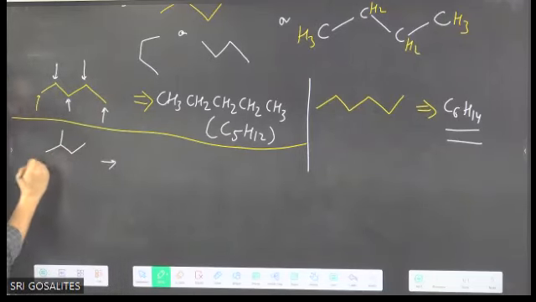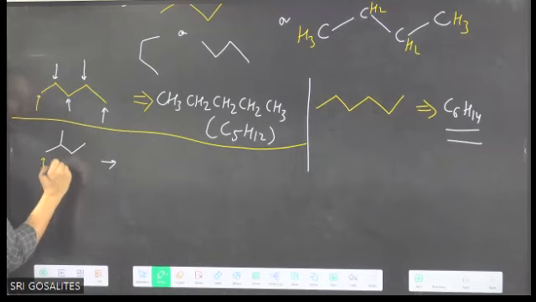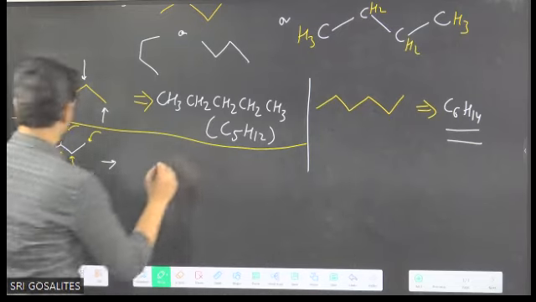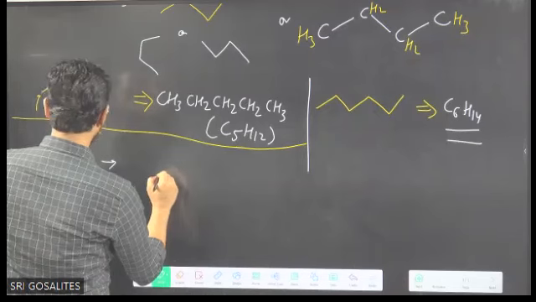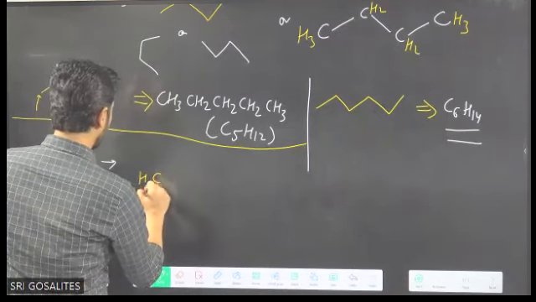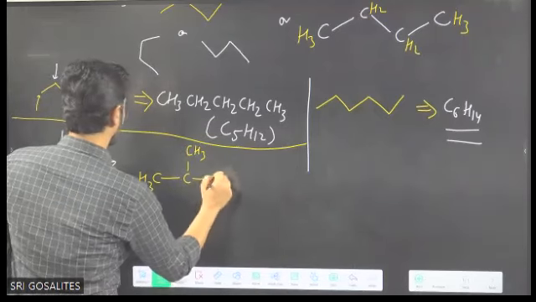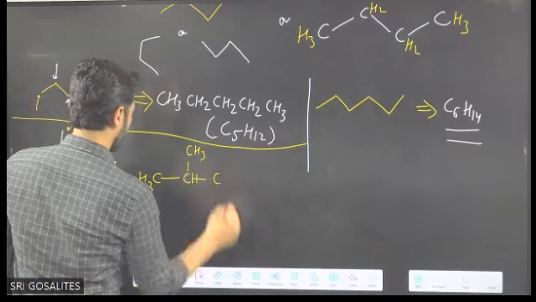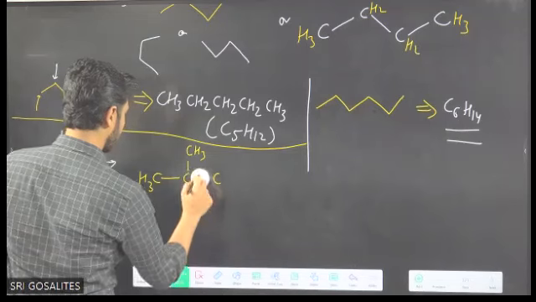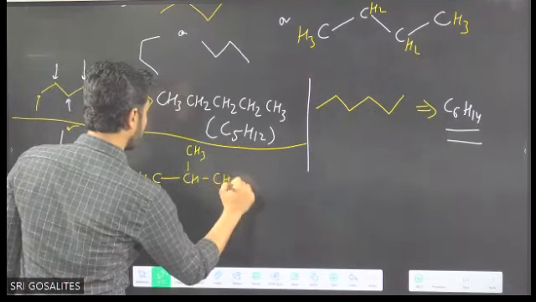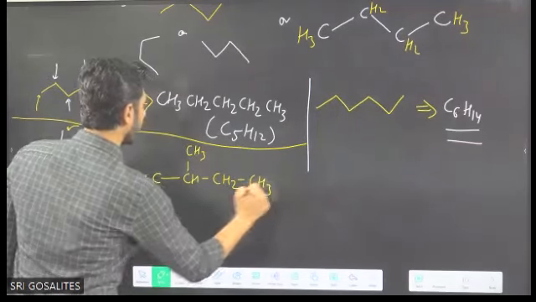How many carbons? This is 1 carbon. Second carbon. Third carbon. Fourth carbon and fifth carbon. Very good. So you can write in this manner. It is CH3, carbon, another carbon, then further CH2 and CH3.